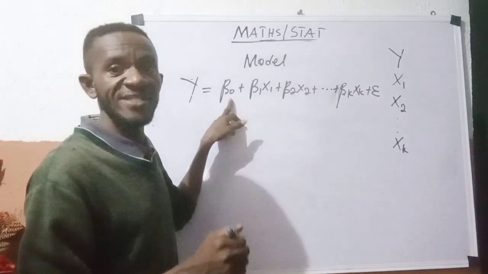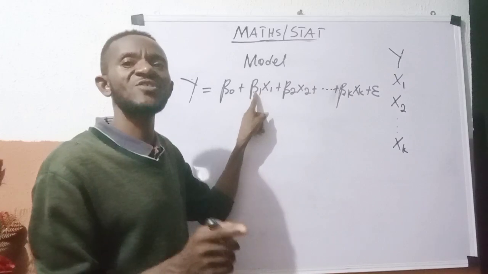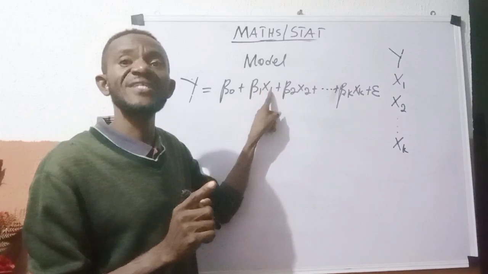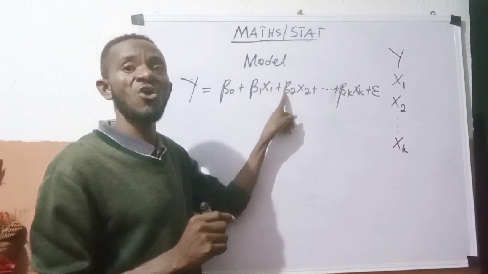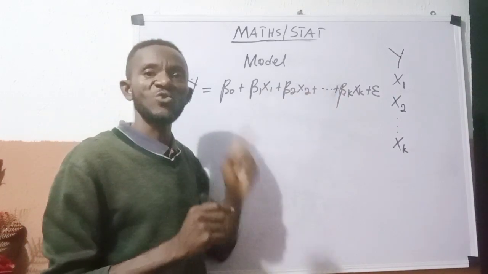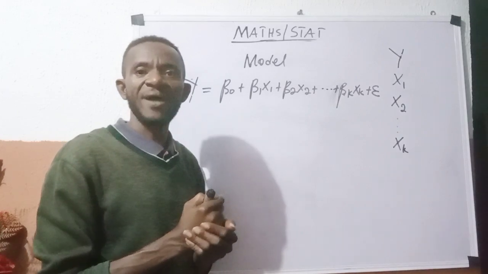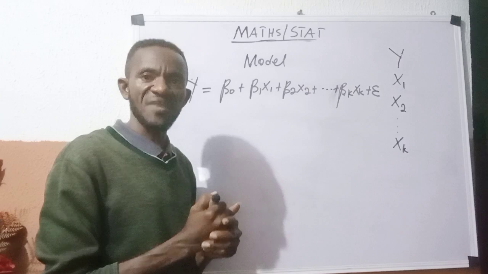This is the intercept of the regression line. This is the slope of the first independent variable. This equally is the slope of the second independent variable, down to beta k, the slope of the kth independent variable.